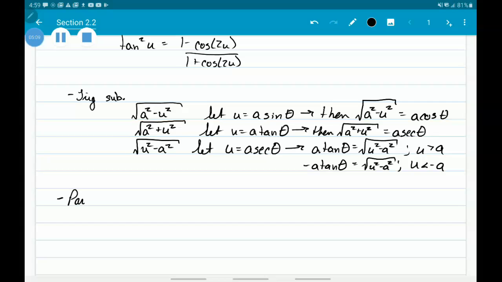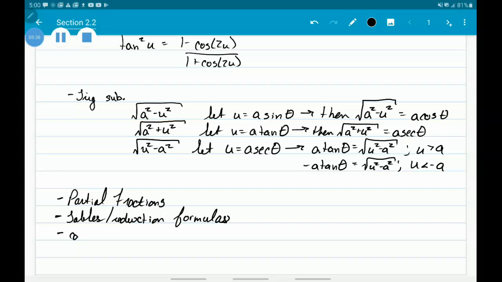Partial fractions. Remember, there are 4 forms where we had non-repeated linear, repeated linear, non-repeated irreducible quadratic, and repeated irreducible quadratic. We talked about using the tables and then reduction formulas from the tables. That was a technique that we talked about.